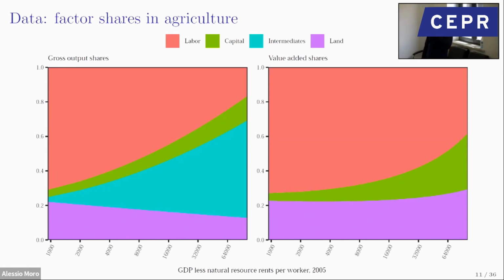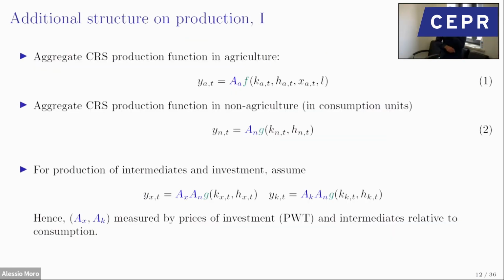Here, because you are plugging in these varying factor shares, I don't know to what extent the exercise of recovering these Solow residuals makes sense, in the sense that these factor shares are going to be positively correlated with technology. The whole exercise of trying to separate A from K, technology from capital, somehow holds technology constant by holding this factor share constant. Traditionally, that is what is done, so here you're doing something different by using these varying factor shares, and I'm not sure how to think about this.